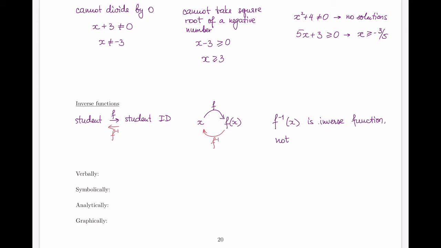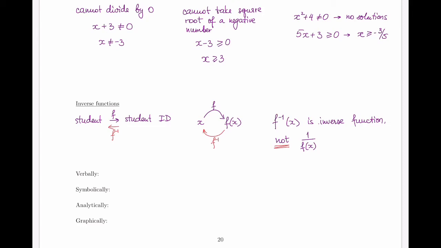So the negative 1 here is written in the power, which, let's say if it was just x to minus 1, it would represent 1 over x. But this is just a shorthand that we use for inverse functions. It means the inverse function, not the reciprocal.